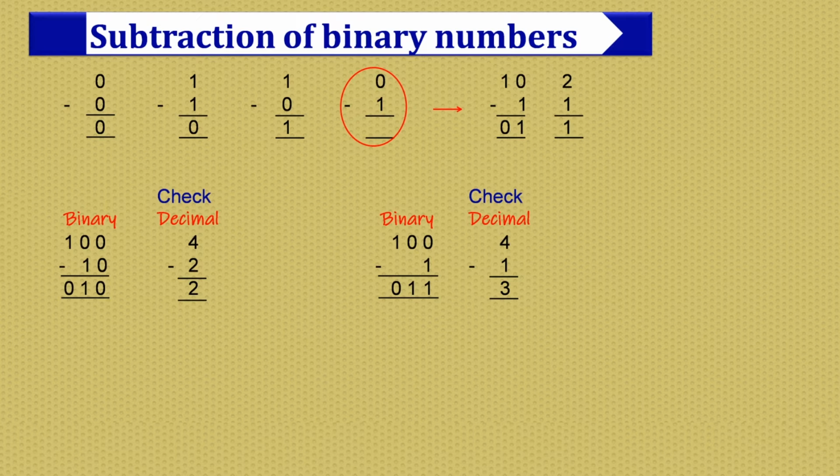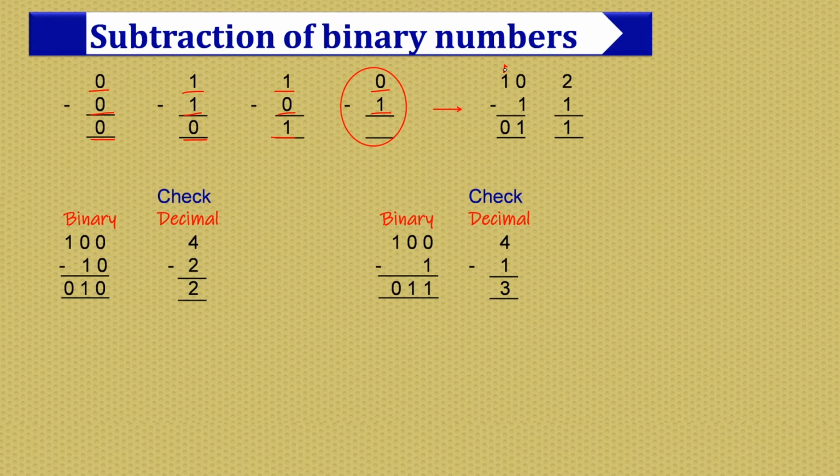Now, this is more like a further illustration to what I just said, talking about the rules in subtracting binary numbers. 0 minus 0 gives us 0. 1 minus 1 gives us 0. And 1 minus 0 gives us 1. Now, in the case of 0 minus 1, what we do is to borrow 1.